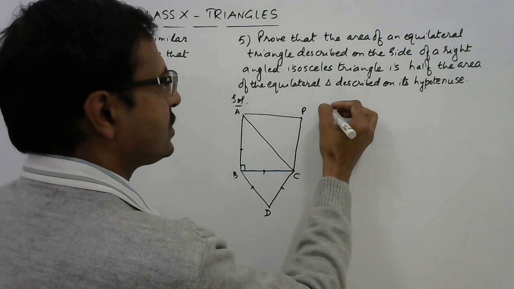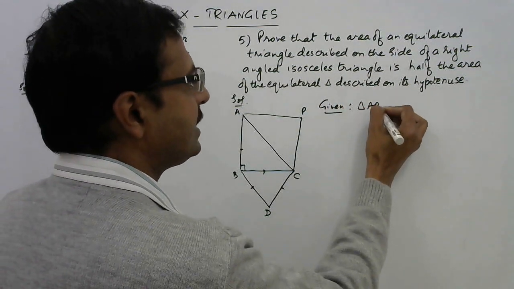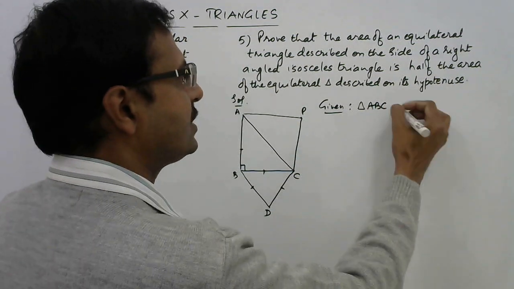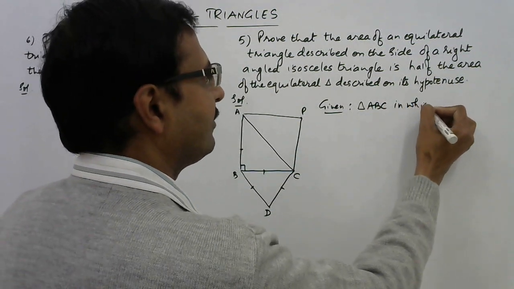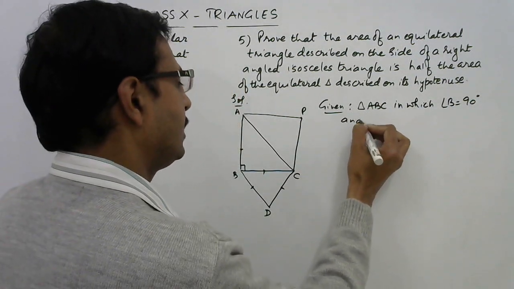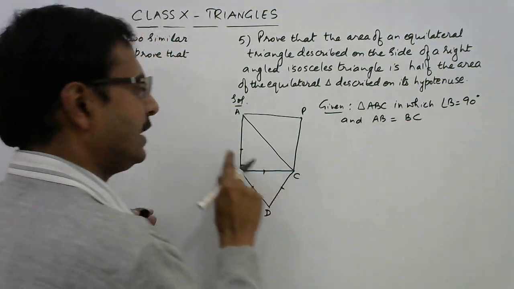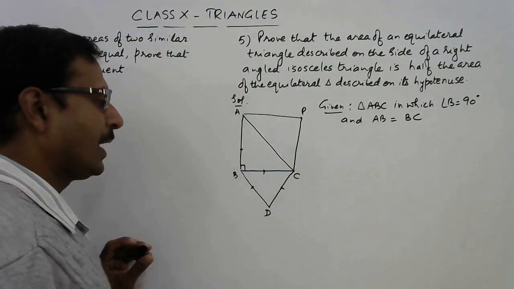So in this question we are given that triangle ABC, in which we have angle B as 90 degrees and AB equal to BC. AB and BC are equal.